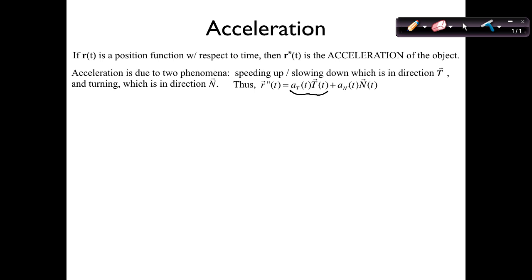A vector or scalar function? A vector function whose magnitude is that tangential acceleration, and the direction is in capital T. So you put all that together and you get the vector version of that function, which includes the direction T. Same with this.